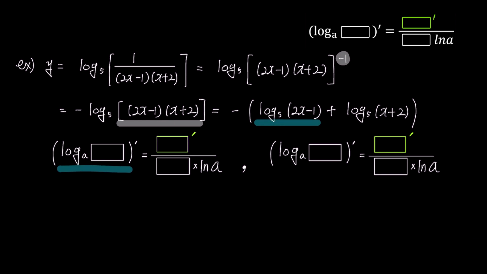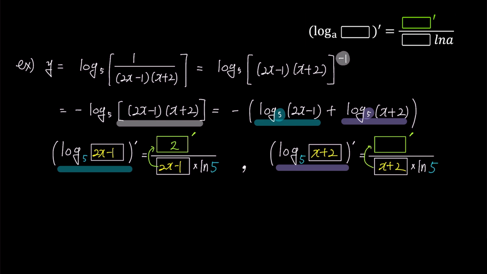For the first logarithm, with a base of 5, we substitute a with 5. Then we put 2x minus 1 in the box, and the derivative of the term 2x minus 1, which is 2, in the box prime of the denominator. Similarly, for the second logarithmic function, we substitute a with 5, put x plus 2 in the box, and the derivative of the term x plus 2, which is 1, in the numerator's box prime.